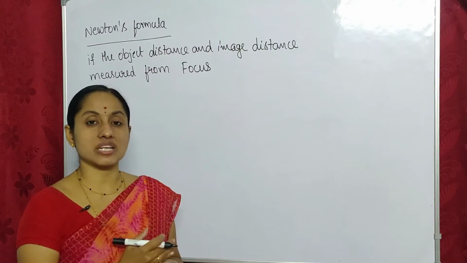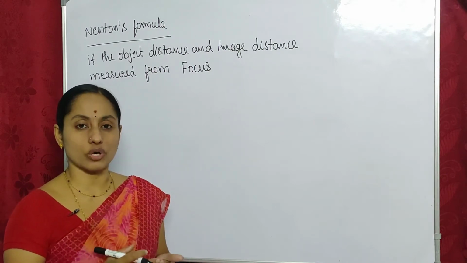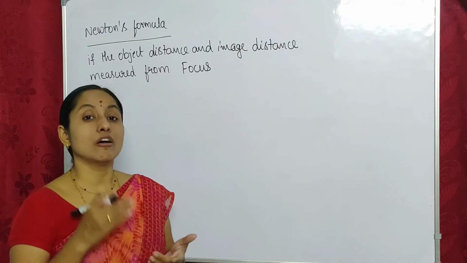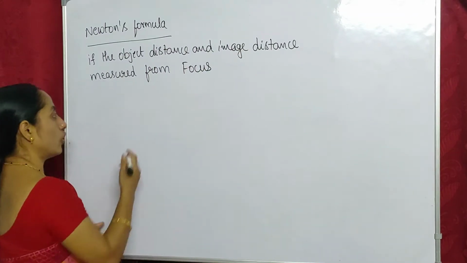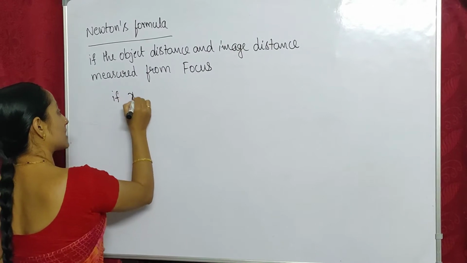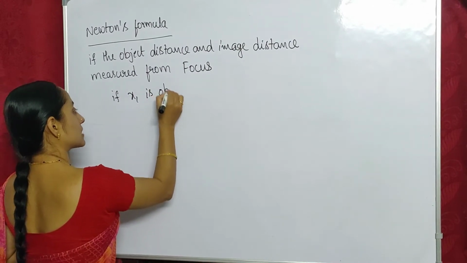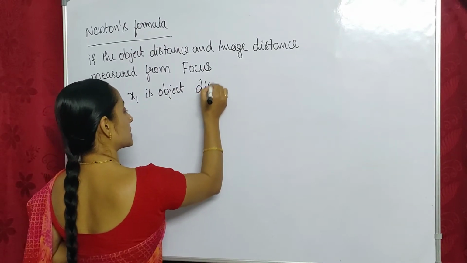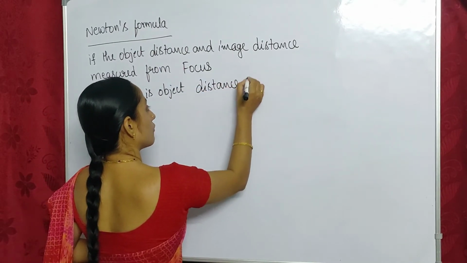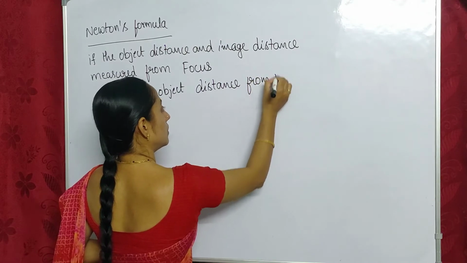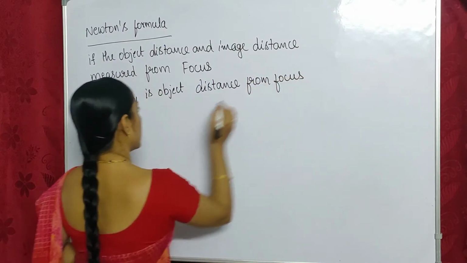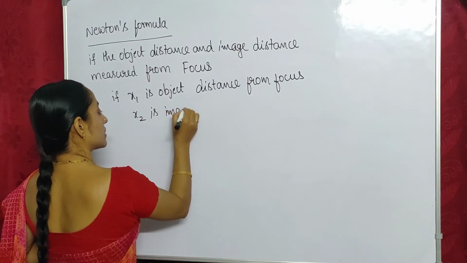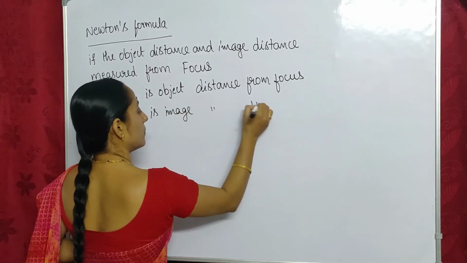The object distance, image distance, focal length, from where were they measured? They were measured from focus. So if x1 is object distance, let us consider x1 is object distance from focus and x2 is image distance from focus.